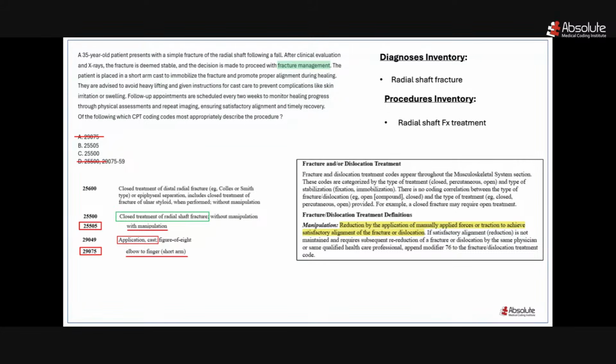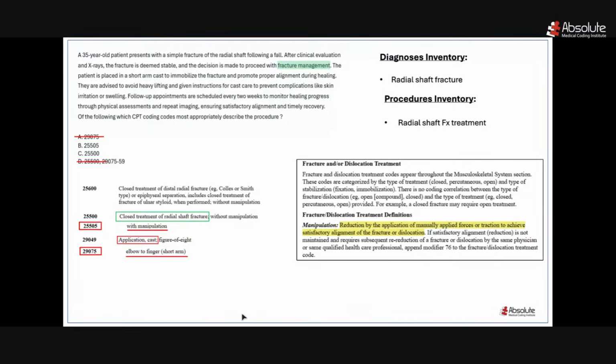So let me pull out the definition for manipulation and you can see what it is. Manipulation is defined as a reduction by application of manually applied forces or traction to achieve a satisfactory alignment of the fracture or dislocation. Now, did we have a manually applied force or traction given in this scenario? I don't think so.